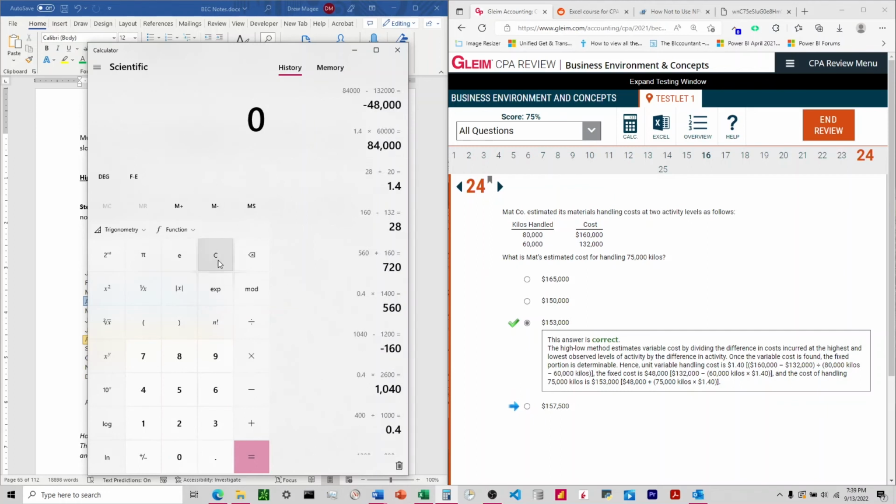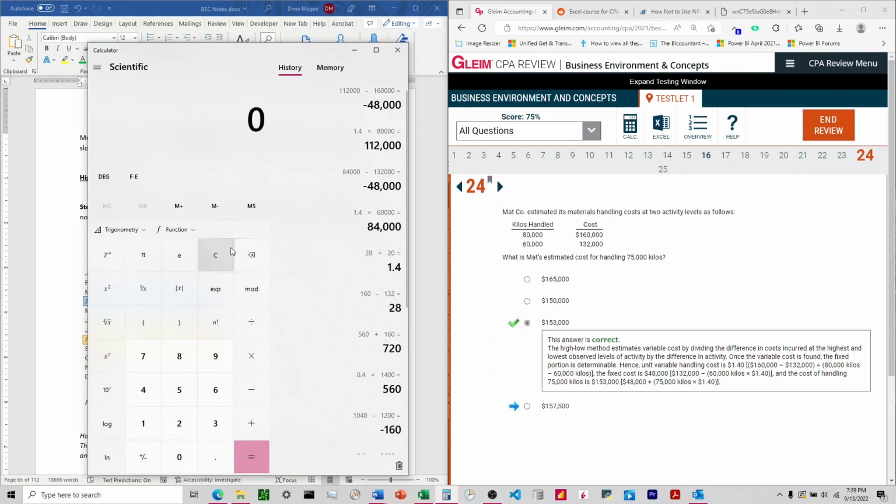That gives us 48. If we were to do this on the other one, that would give us 112. So we just did a 1.4 slope times 80,000 here, gives us 112, and then we subtract this 160 right here. That gives us a fixed cost of 48,000. That's going to be our y-intercept.